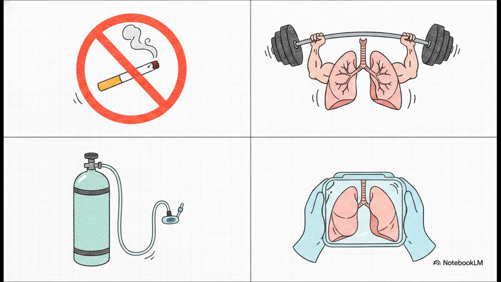This means aggressive smoking cessation programs and pulmonary rehabilitation to maximize whatever lung function is left. Supplemental oxygen is also vital here, specifically to prevent hypoxic vasoconstriction, which directly drives pulmonary hypertension. And ultimately, for patients who meet the strict criteria, we initiate a lung transplantation evaluation. Keep in mind, this is highly prioritized for IPF patients under the lung allocation score.